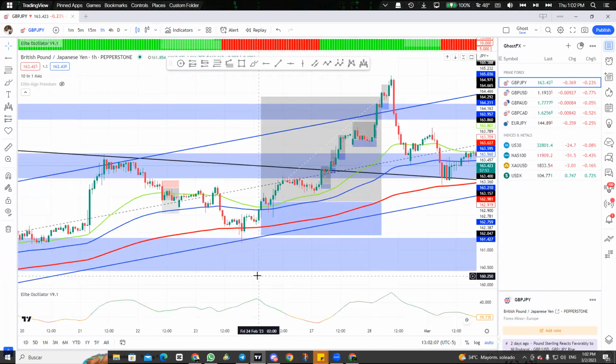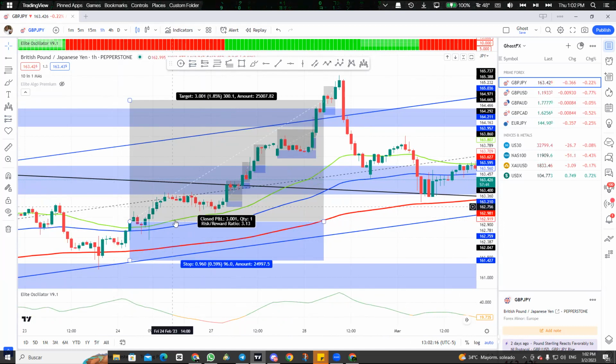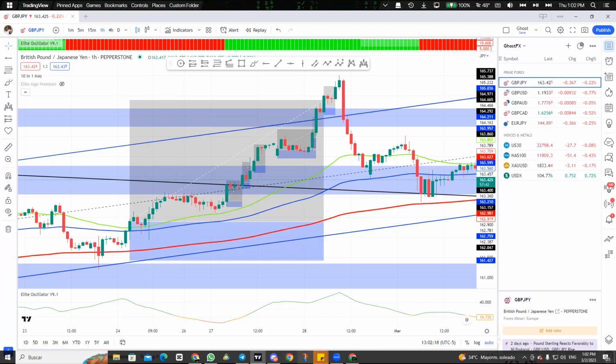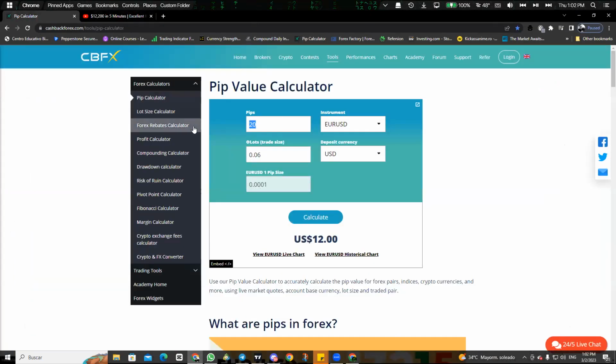You would have done 1 lot here, $1,000 per trade.